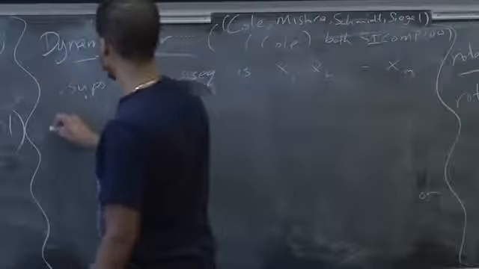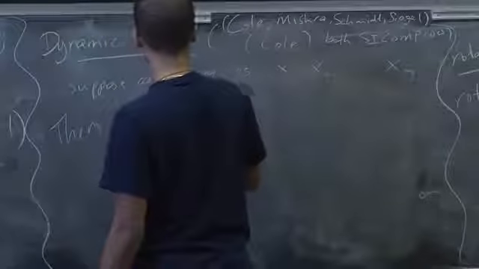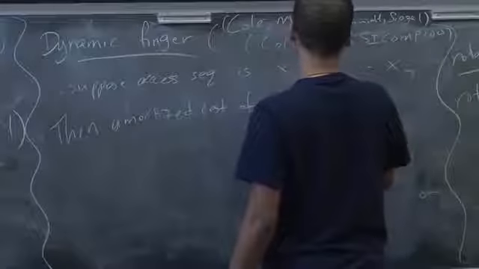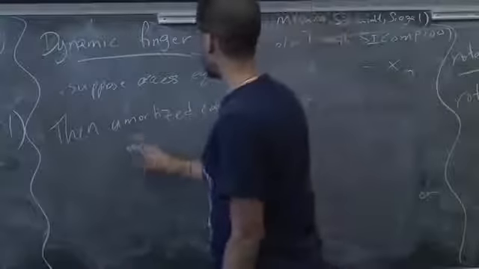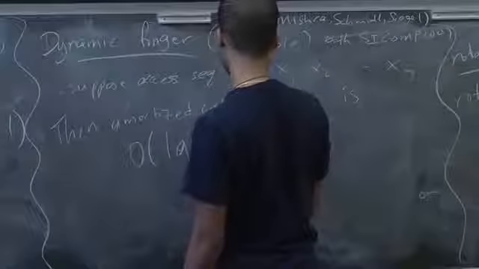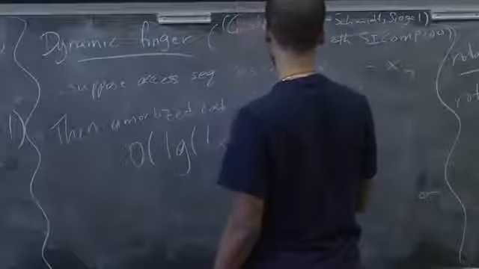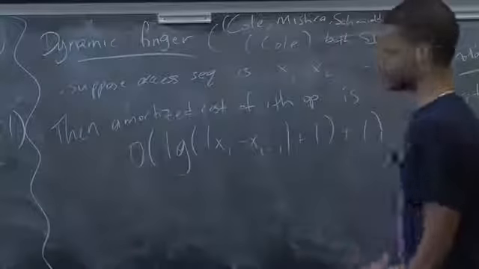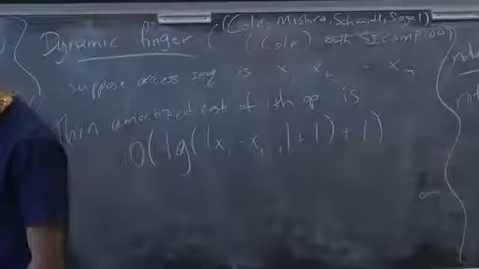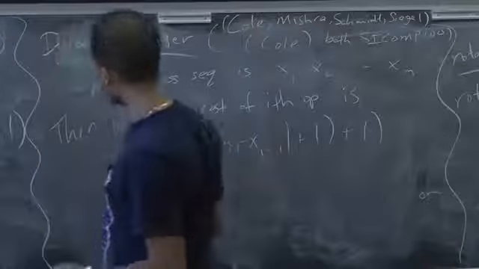Then the amortized cost of the ith operation is big O of log of xi minus xi minus 1 plus 1.